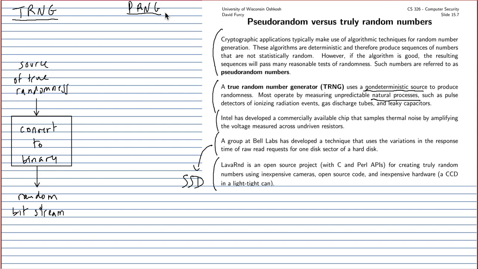And so we just want to briefly discuss in this video the general structure of these random number generators, and then in the next video we'll look at a specific example. So because these are not truly random, they're only pseudo-random, they are not tied to an actual source of true randomness. And by the way, another name for these sources of true randomness is entropy source, in case you see this expression in your readings.